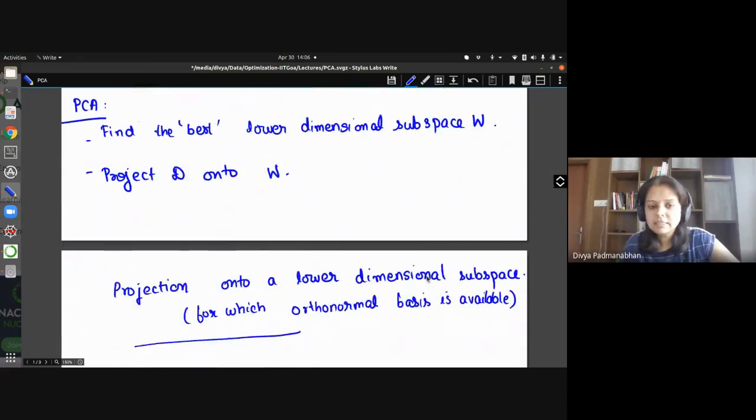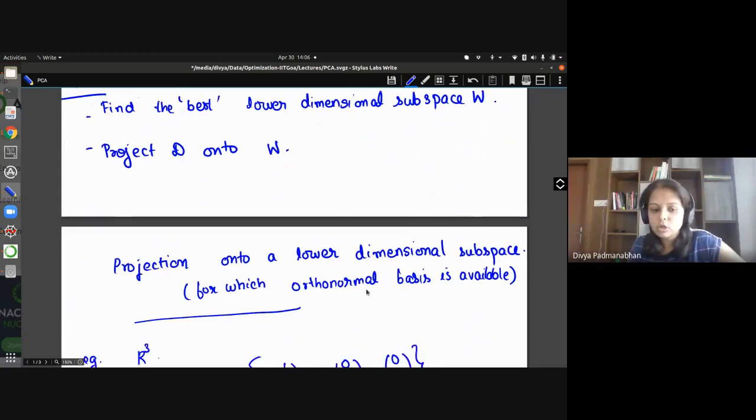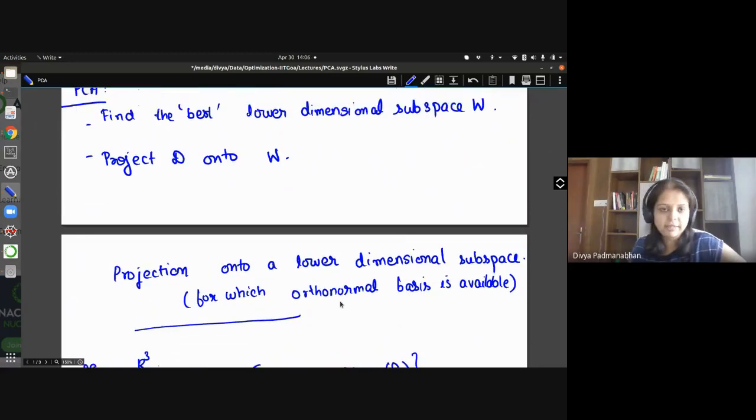So let's get into the idea of what a projection means. Suppose you want to project a point onto a lower dimensional subspace. What does this really mean? All of us know what a subspace is, right? We've seen this in our preliminary classes, and you would have seen it in your linear algebra class.